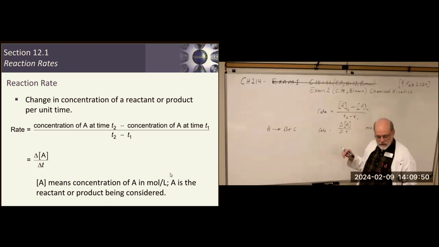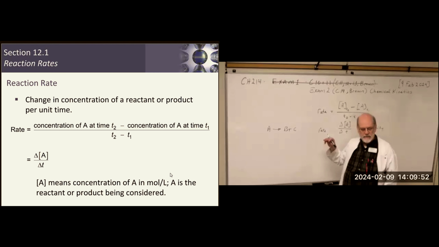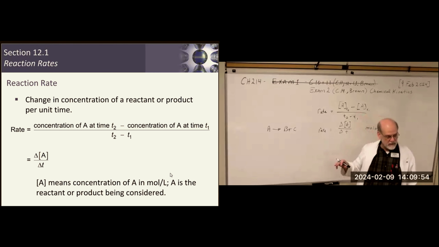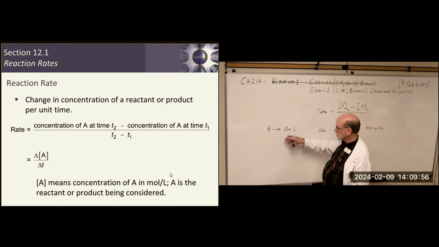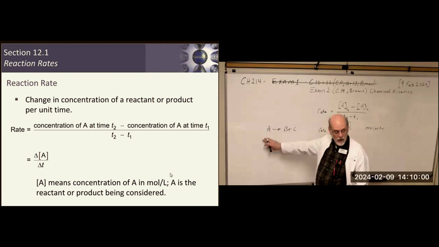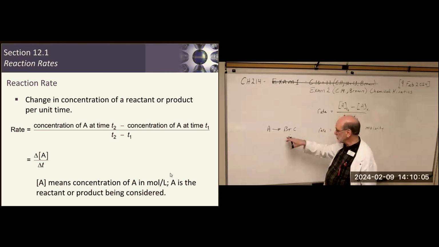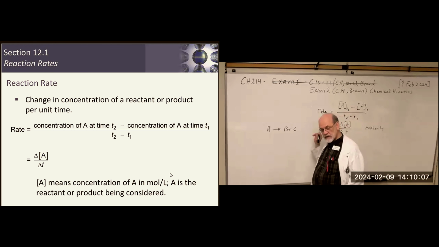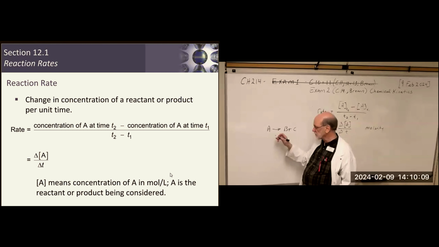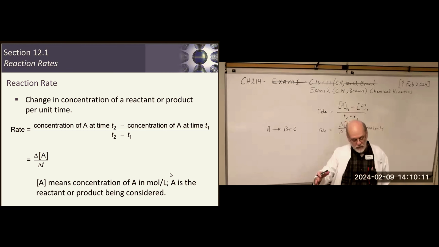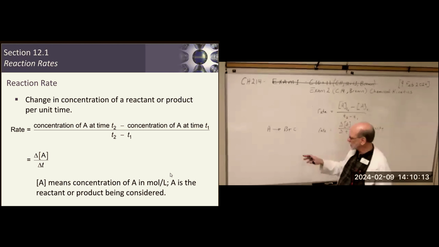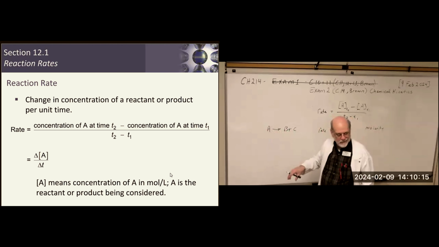Or we can talk about the reaction in terms of initial reaction rates. Under those conditions, you don't have any B and C. You just have the A, and you watch it at the very beginning, because as you build up B and C, you start to get reverse reaction. So initial rates give us a better idea of what's actually happening with the reactants.